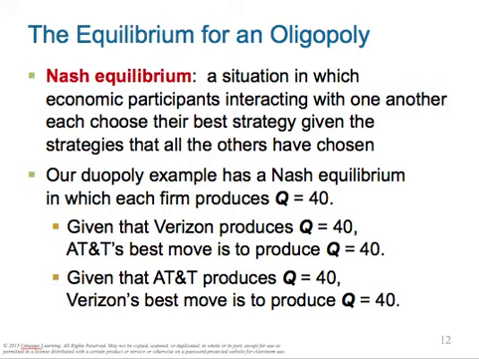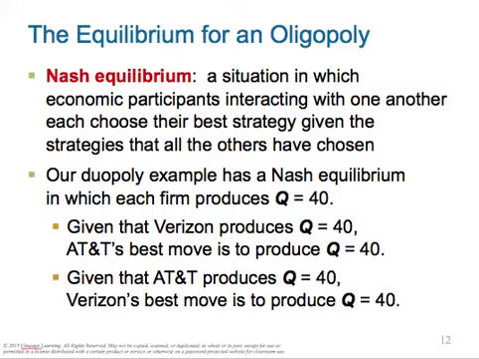Okay, it's a situation in which economic participants interacting with one another, like the two firms we were talking about in the previous example, each choose their best strategy given the strategies that all the others have chosen. It's kind of like two or three firms playing chess with each other. In this class we're going to talk about game theory basically with two firms. Our duopoly example has a Nash equilibrium in which each firm produces 40.